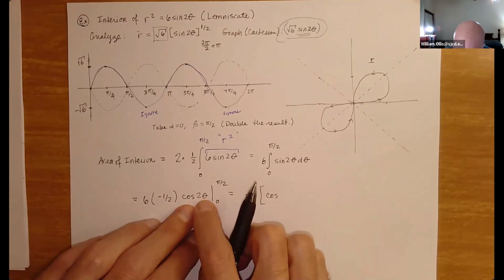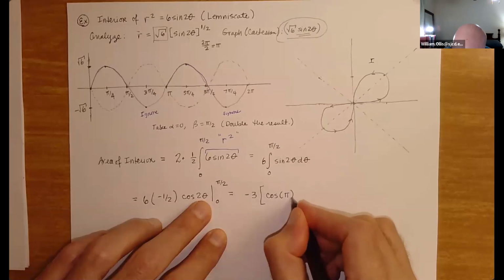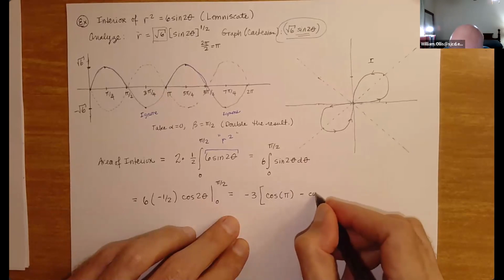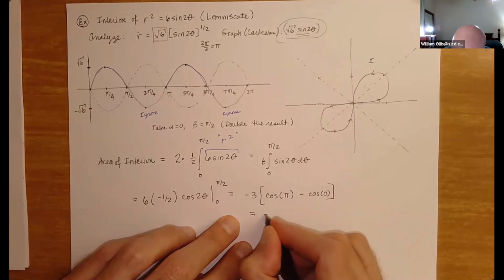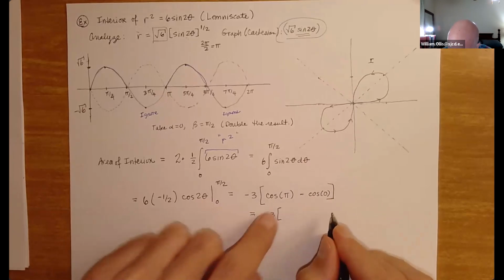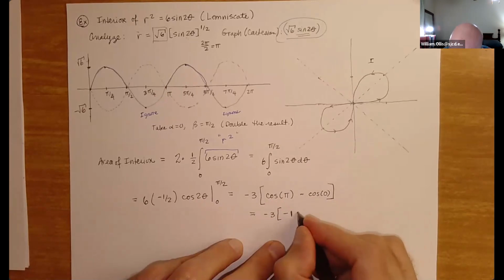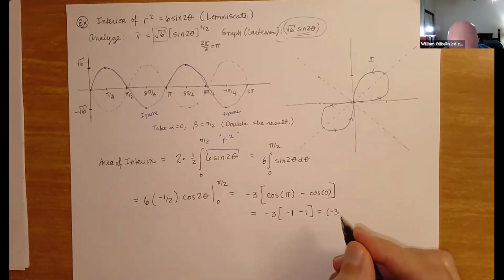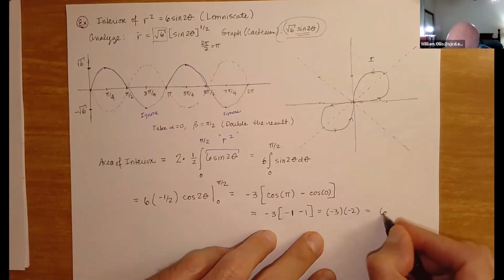Again, we have 2 times pi over 2, that'll be cosine of pi, and then cosine of 0. So this will be a negative 3, and then, of course, cosine of pi is negative 1, cosine of 0 is 1, minus 1. So this gives us a negative 3 times a negative 2, which is a 6.